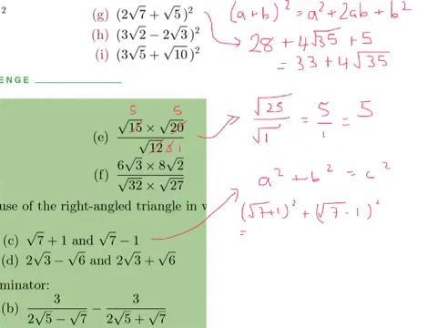Root 7 squared is 7, 1 times root 7 is root 7, double it is 2 root 7, 1 squared is 1. Same for the second one, except we've got a minus, so it's 7 minus 2 root 7 plus 1, and notice that the 2 root 7's cancel out, and we're left with 16, which we know is our c squared, which means the hypotenuse is the square root of 16, which is just 4.